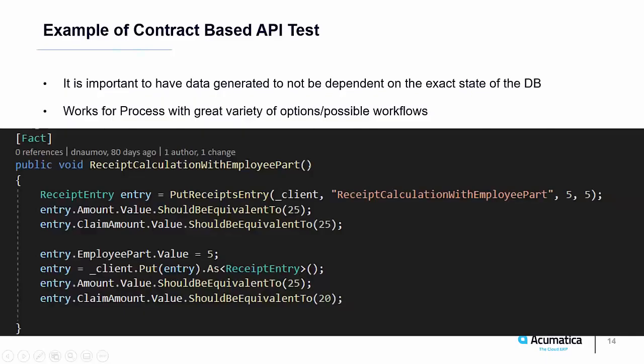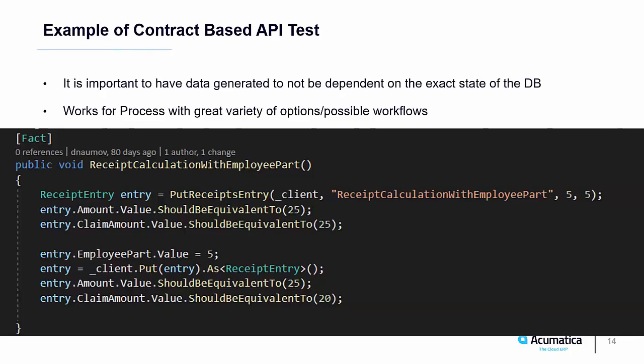The idea of contract-based API tests is that you take standard Acumatica APIs, REST or SOAP based, and you execute some scenarios. You can actually execute these scenarios using any programming language that you prefer that can send requests to REST or SOAP APIs. So you implement this request.